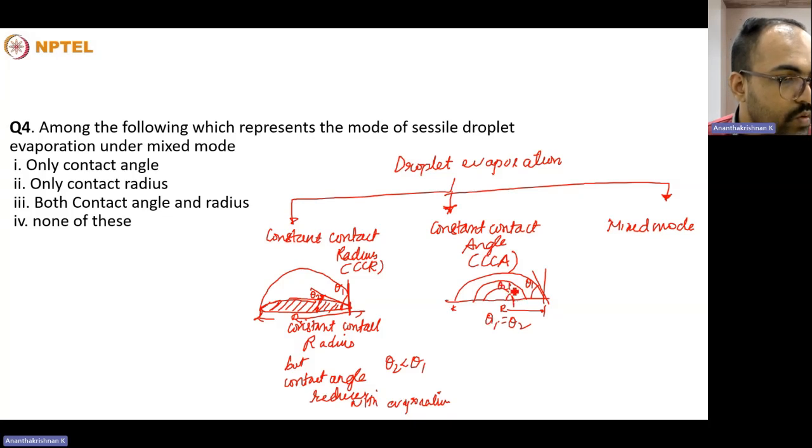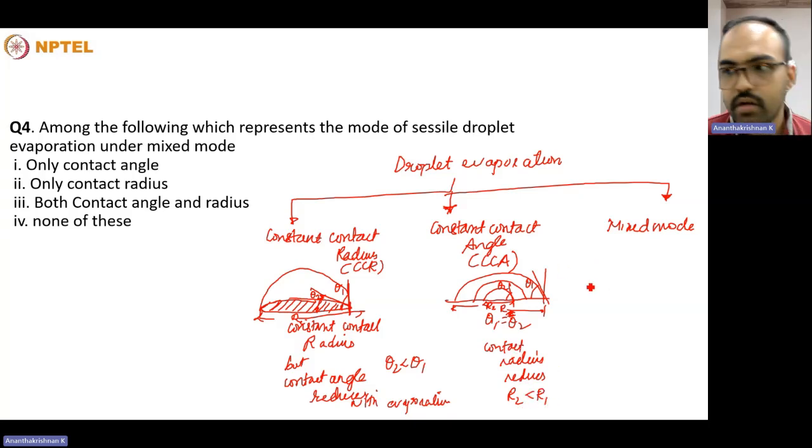This is R1, and the final radius will be R2. So in order to maintain a constant contact angle, the contact radius reduces. This is half of this, the radius. So R2 is less than R1.